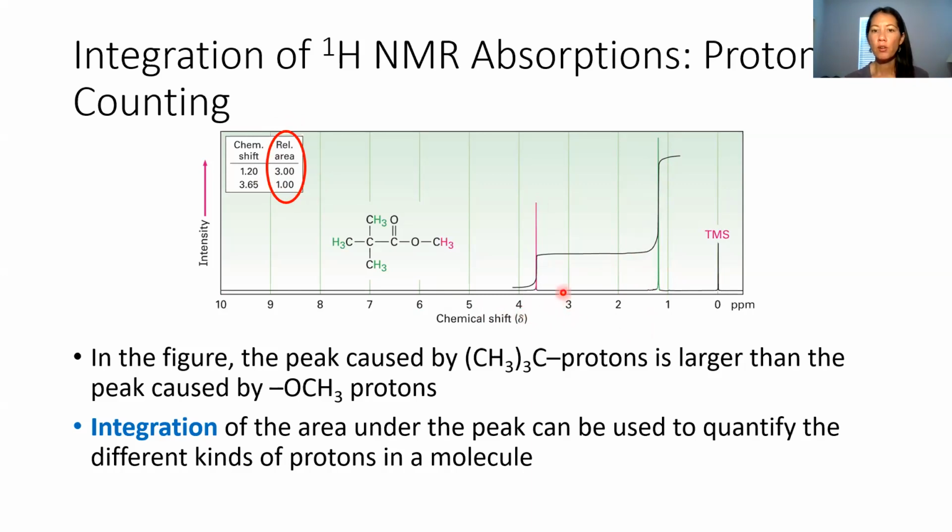The other thing you should have noticed is this peak here, the pink one, comes out at around maybe 3.65. That should have indicated this hydrogen represented by this peak is attached to a carbon next to an electronegative group. So here it's attached to an oxygen.